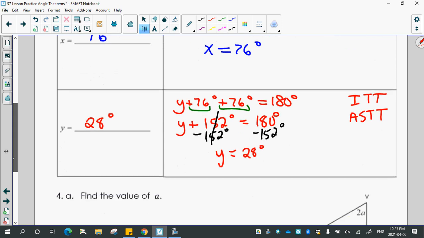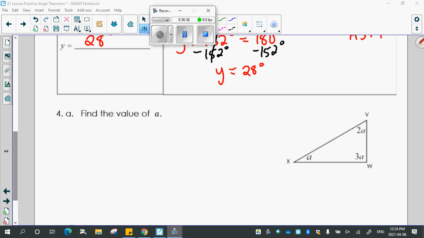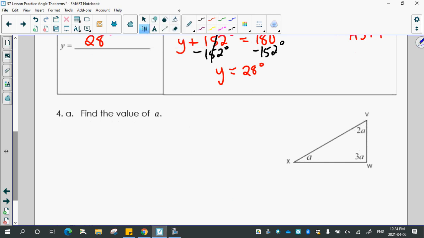Okay, look at the next one. Find the value of A. I feel like you can all do that one. That's a triangle here. They all end in A, so they're like terms.